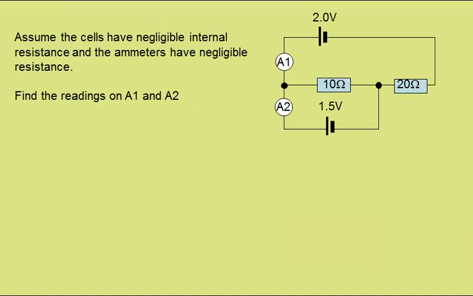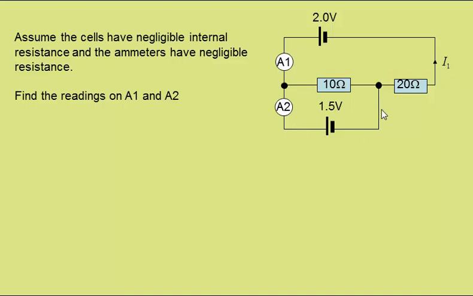Here we have another circuit, and we're asked to find the readings on ammeters 1 and 2. Well, assuming the current goes anti-clockwise round here or round here, we can then put an arrow at this point, and this will be current 1, the current that goes through ammeter 1.